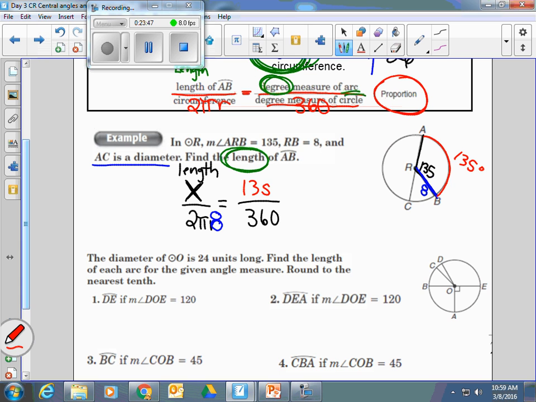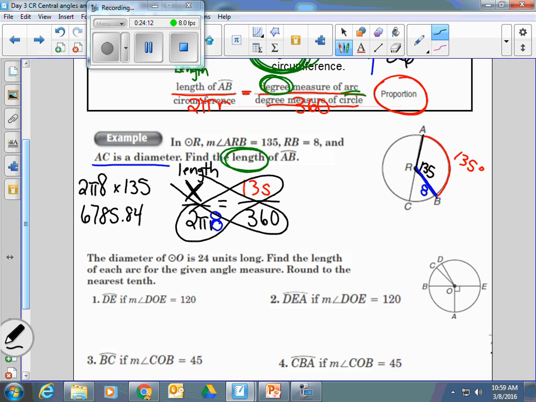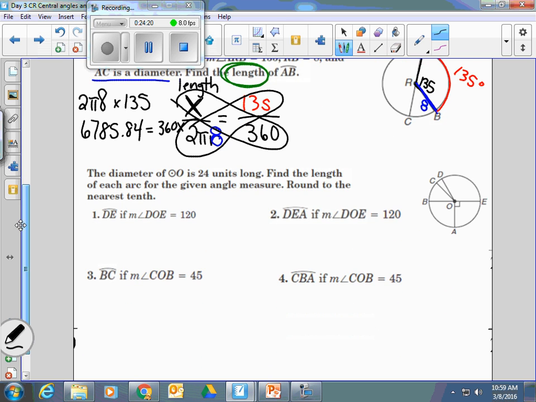The good news is all I have to do is cross multiply right here. In your calculator, push 2 pi 8 times 135. Somebody tell me, what do you get? 6,785.84. And when I cross multiply the other way, that's going to be equal to 360x, correct? Now what would I do? Divide. Good. Divide by 360.